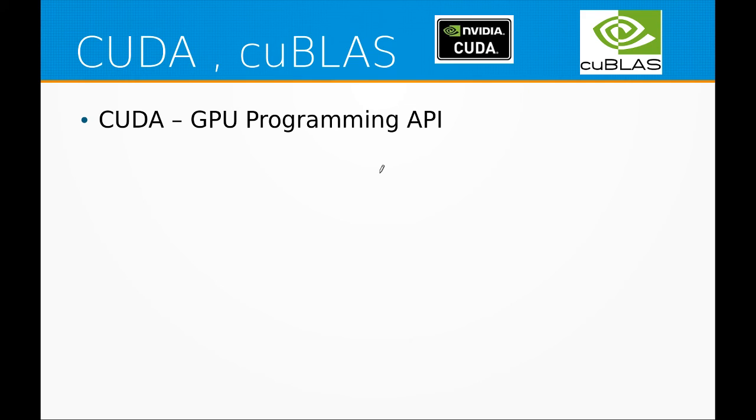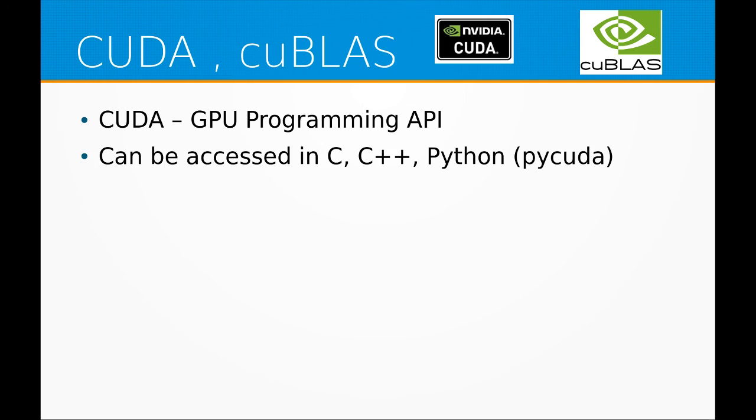So CUDA is a GPU programming API. It exposes the GPU, GPU memory and the operations that you can have as an API, and you can write it as C code or C++ code, or in Python through PyCUDA. You can write the code over there and compile it using NVCC instead of GCC, and you can run the code on the GPU instead of on the CPU.